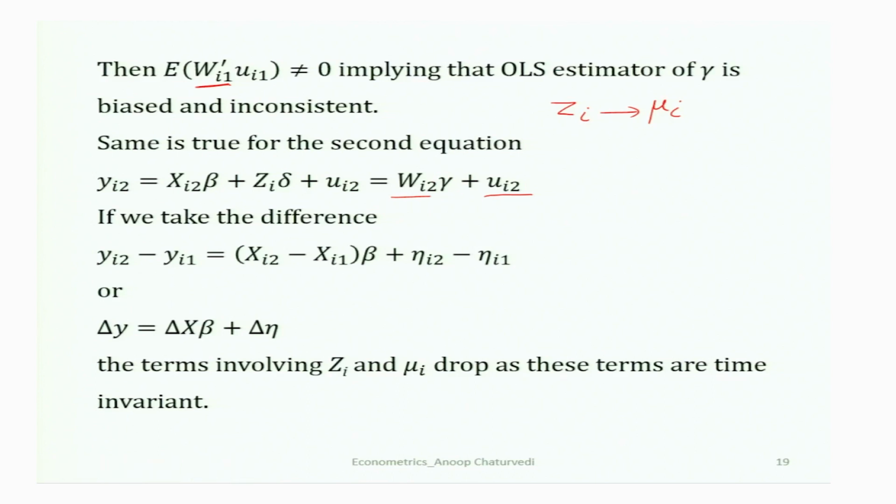So, as such you cannot apply the OLS procedure for estimating the parameters of panel data model, because these z i's are correlated with mu i's, and because of this correlation these w i's are correlated with u i's, and then this correlation leads to biased and inconsistent OLS estimators.